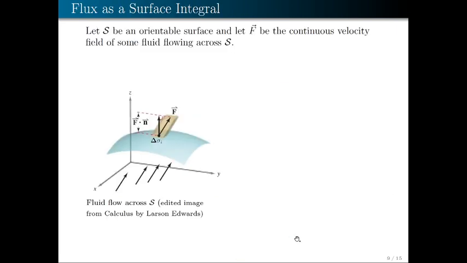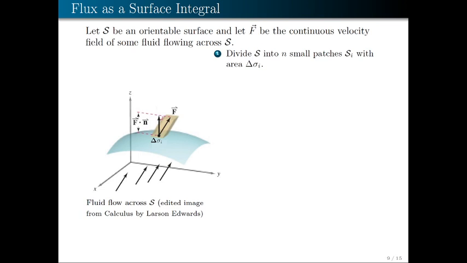Okay. Now, we're ready to construct the integral that gives us the flux. So we begin by having an orientable surface S and F to be a continuous velocity field that is flowing across S. So we have F and we have the surface. Just like with any construction of an integral, we first subdivide the surface into small patches.